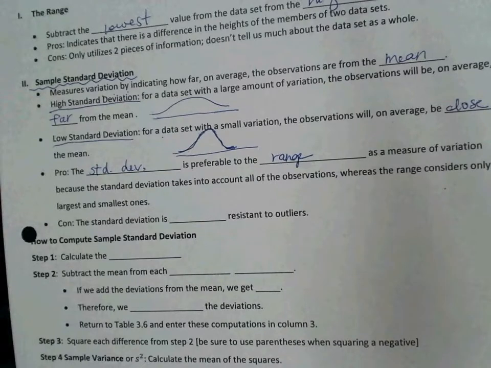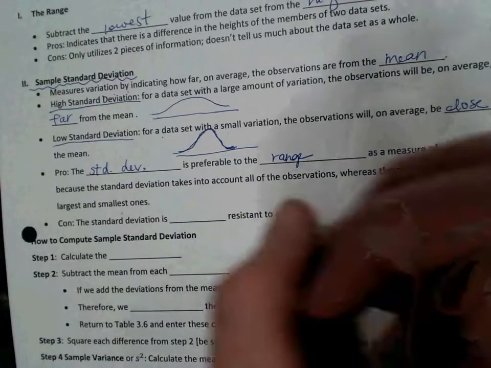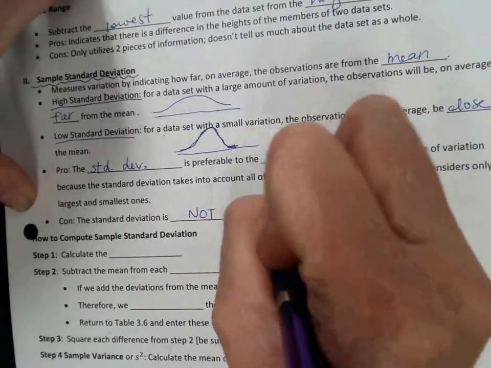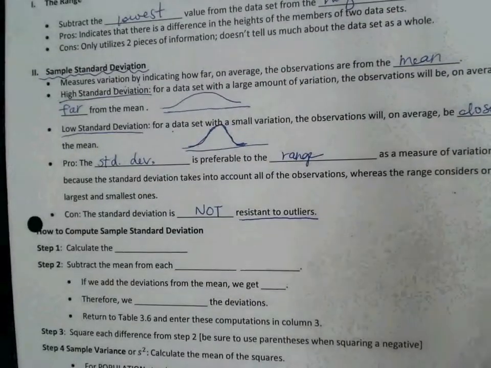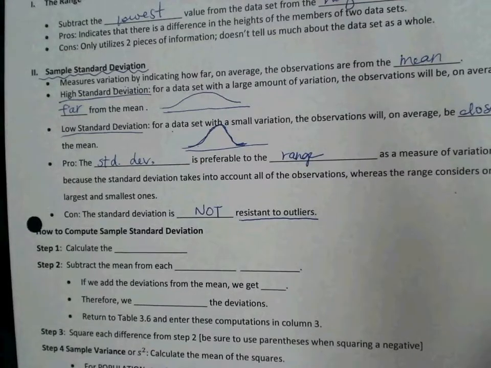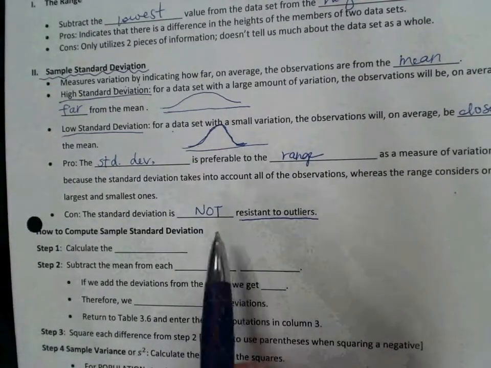The con is that the standard deviation is not resistant to outliers. That should sound familiar. That was also one of the downfalls for the mean for measures of center. We had the mean, median, and the mode. The mean was the one that was not resistant to outliers.